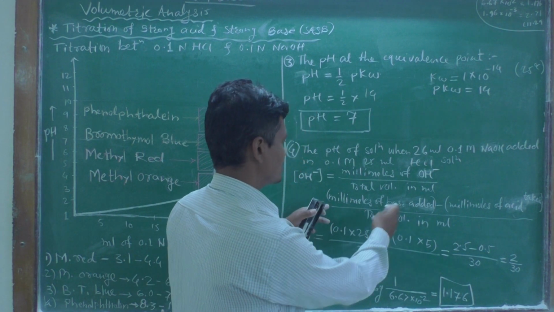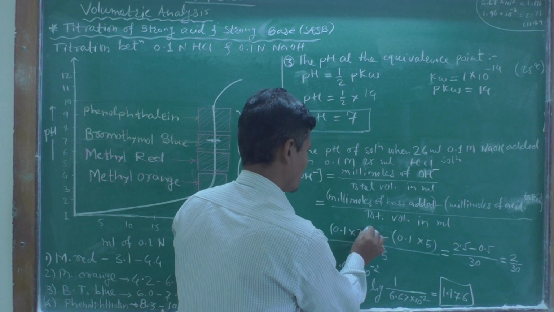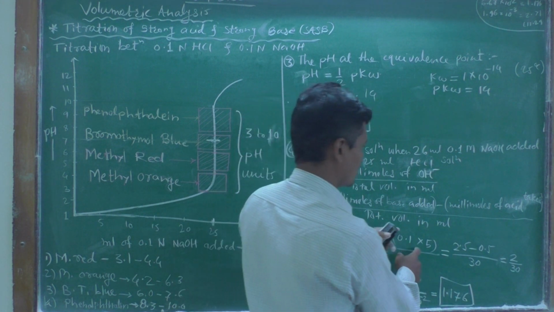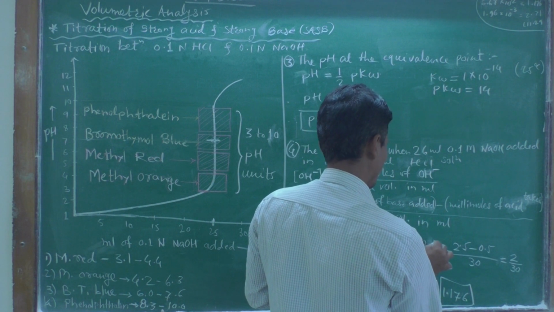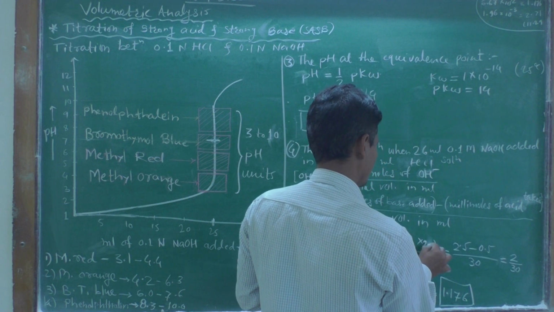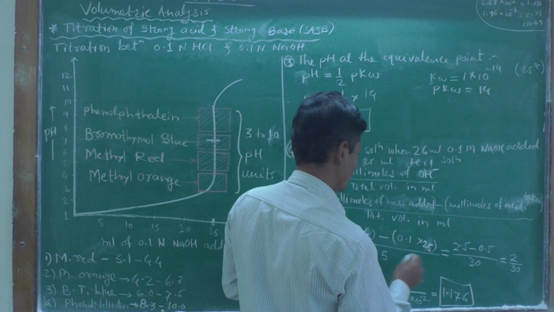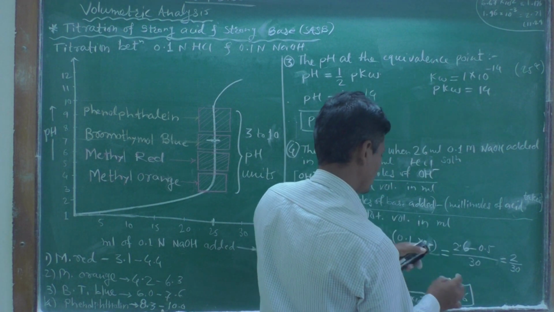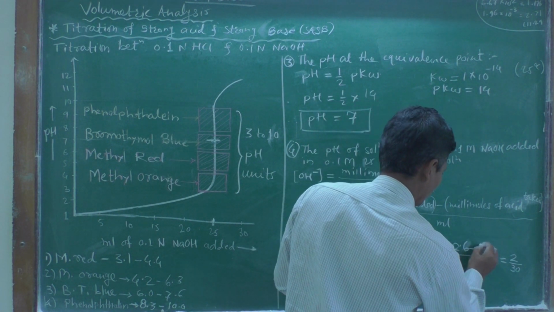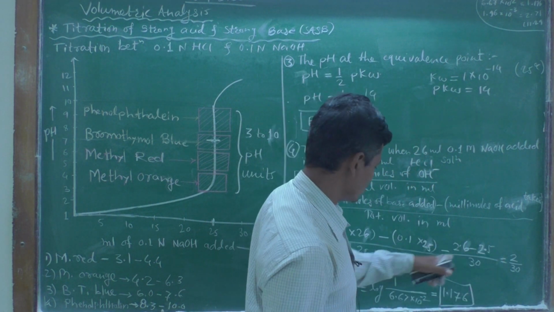The millimoles of base added, so concentration is 0.1, base is taken 26 ml, minus 0.1 into millimoles of acid taken, which is 0.1 into 25, acid is taken 25 ml, it is fixed. Okay, so 0.1 into 26, 2.6, minus 0.1 into 25, 2.5.